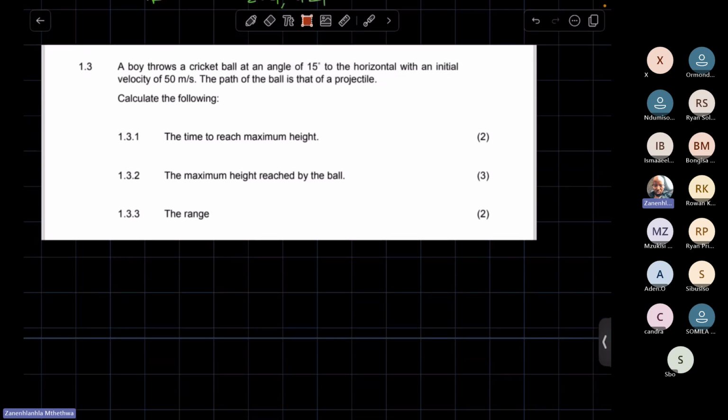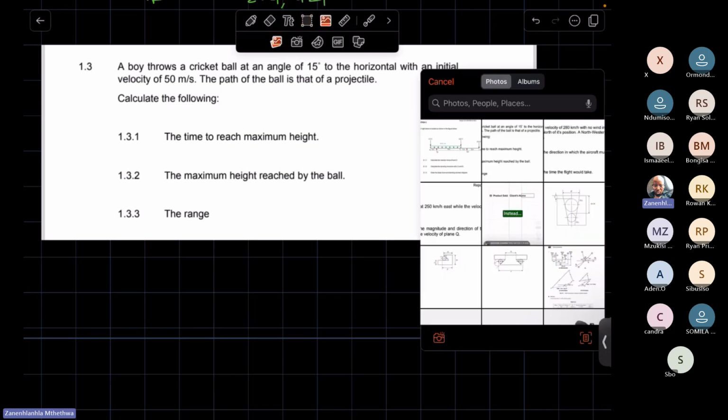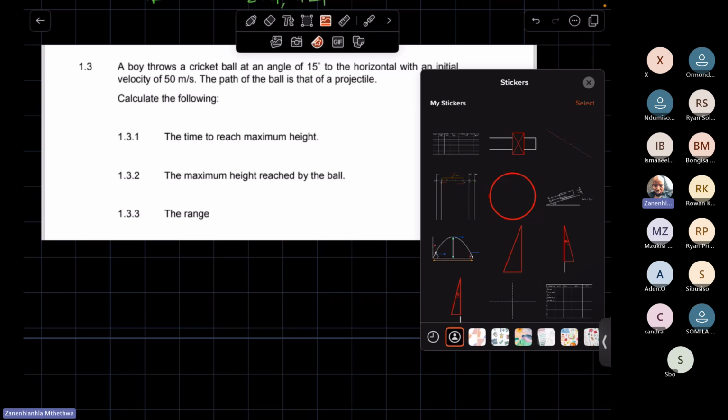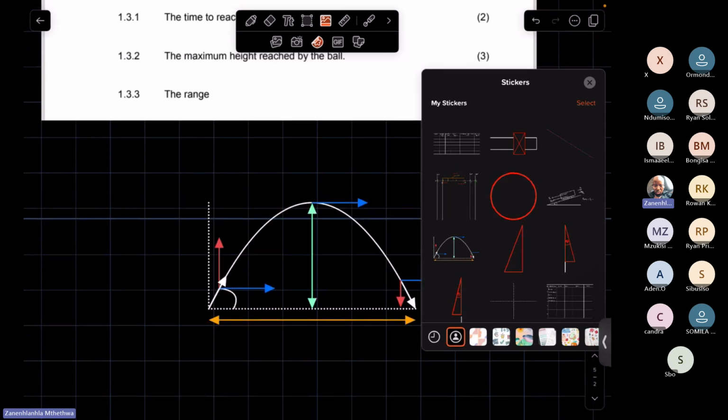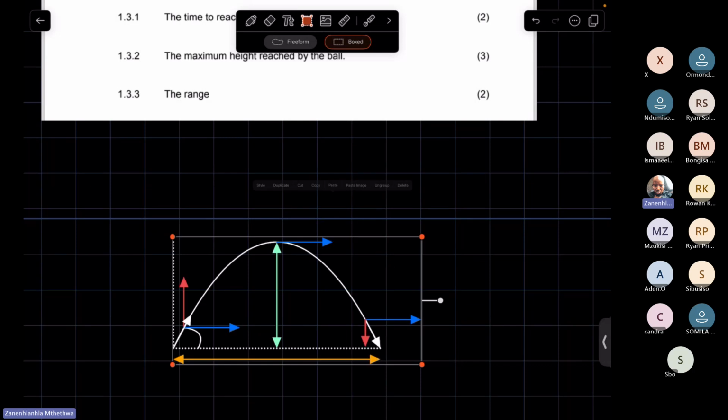A boy throws a cricket ball at an angle of 15 degrees to the horizontal with an initial velocity of 50 meters per second. The path of the ball is that of a projectile. Calculate the following. Right, so let us first draw our free body diagram.